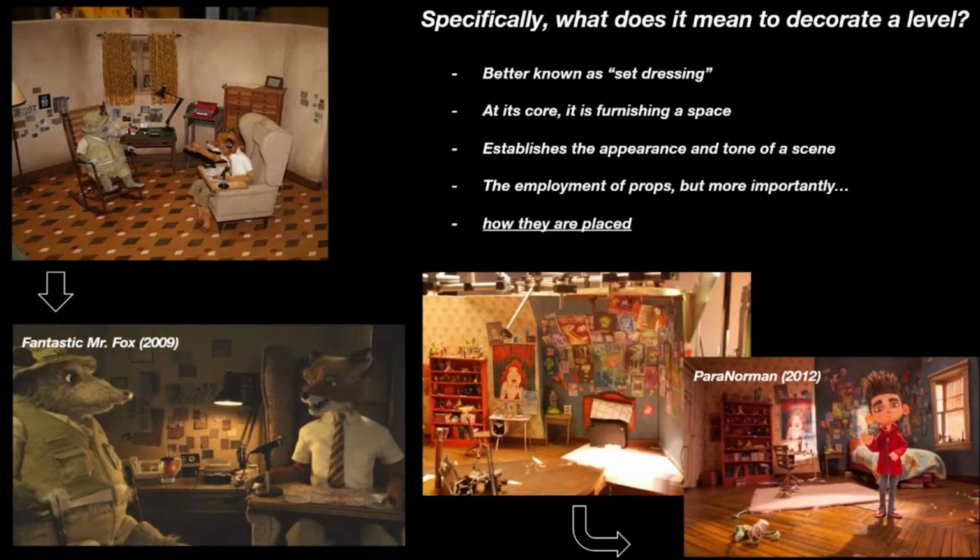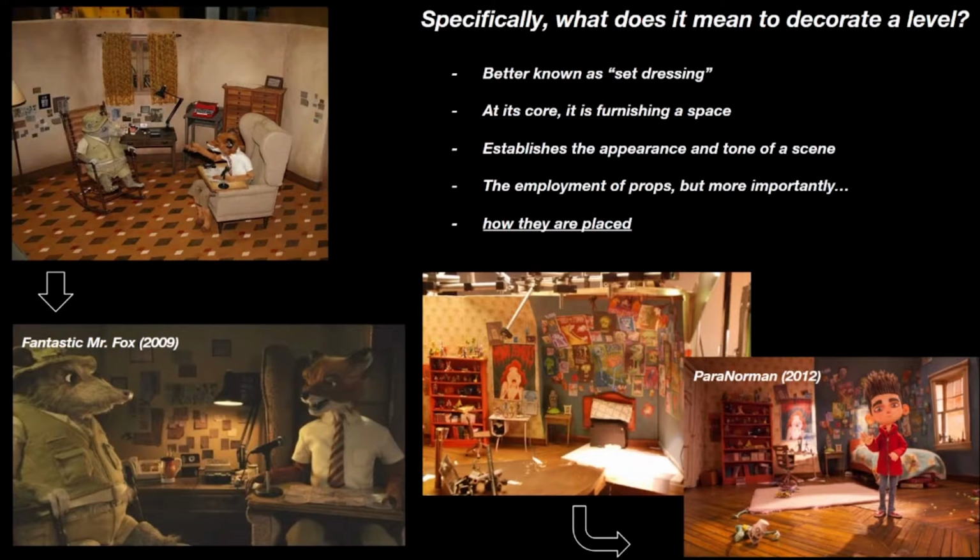And while it is a little bit different for games because you don't have physical props that you are making by hand, you are still creating things and placing them to achieve a desired effect. The effect in this case, it varies completely depending on the purpose of the space in general.